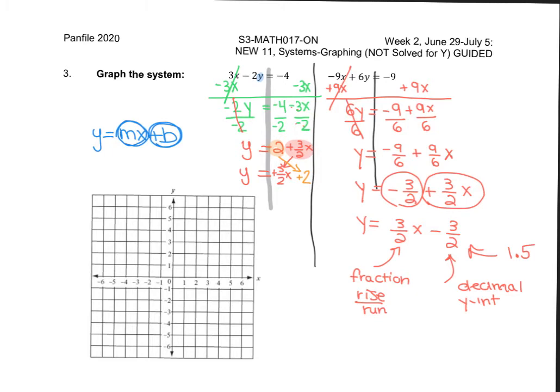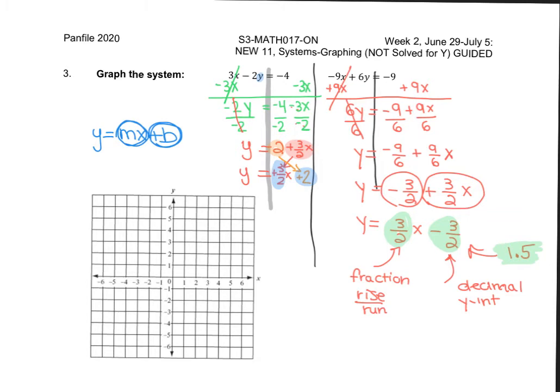All right, so let's look at what happens here. I'm graphing. So now I have my two things that I need to graph. So here, what am I graphing? My intercept here and my slope, my rise over run is there. Here, my intercept is this or this, and my rise over run is this.